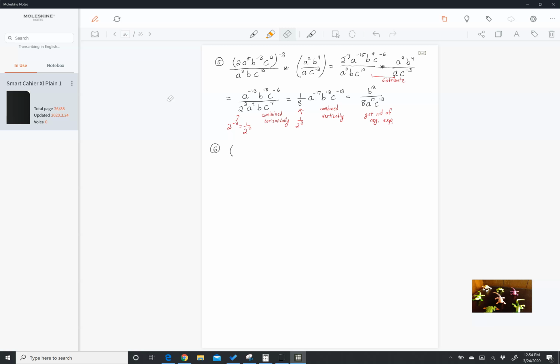Let's do 4, a cubed, b to the negative 1, c squared. We'll raise this to the second over a to the 5th, b. This is the hardest that it will ever get.